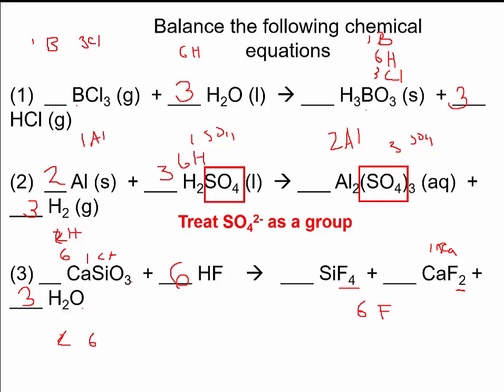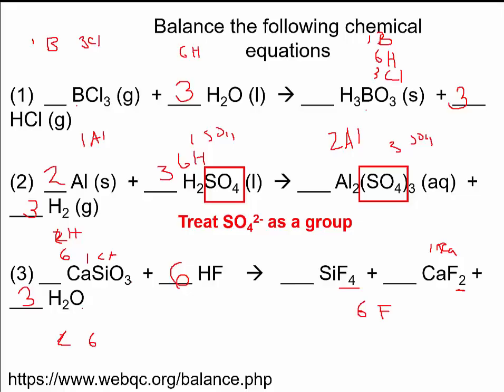Oh, and I got 4 over here. Right? So what I've got to do now is look in between the silicon and the fluorine to make sure these guys work out. So what I'm going to do is take everything and start multiplying, if I need to. So I don't need to multiply anything in this guy, so I'll move on to the next example.